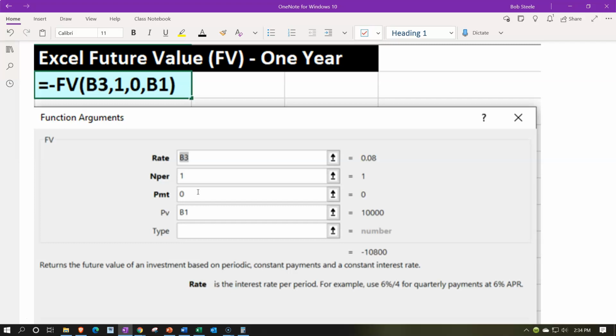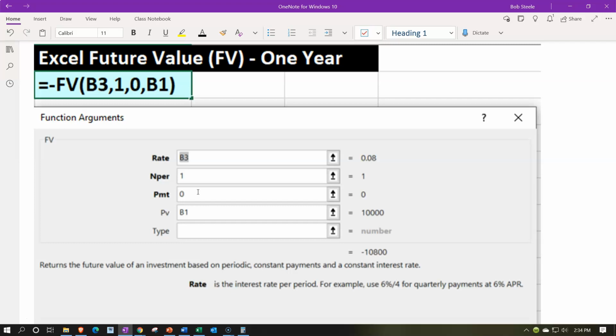But here, we're just going to put a 0 there, and that's why we could use the same function in Excel for both the future value of an annuity and the future value of 1, which typically with annuity tables you need two separate tables.